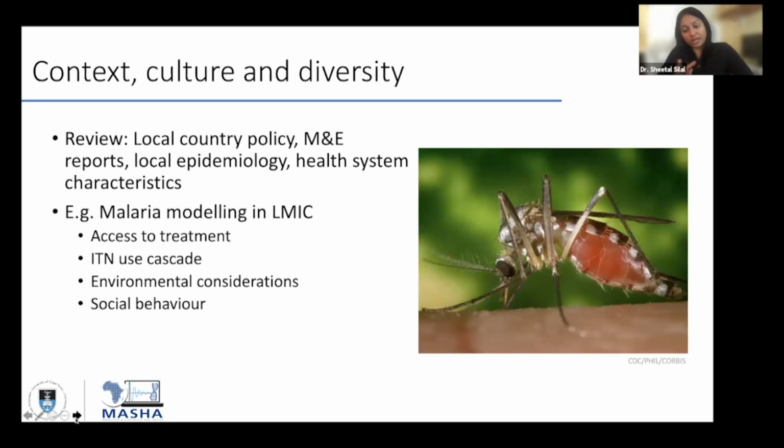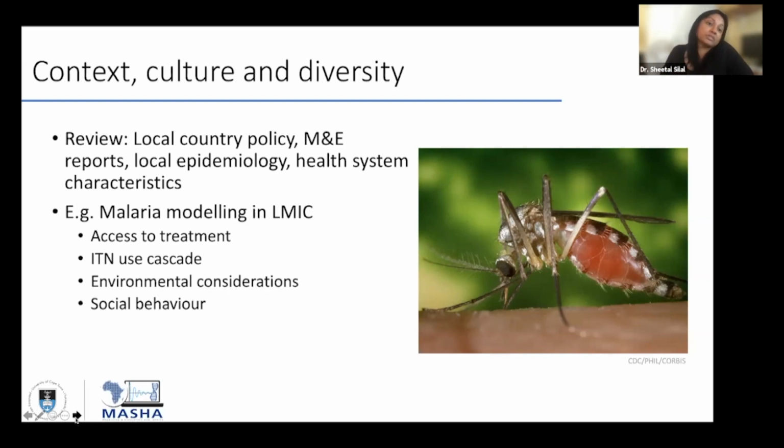And for me, in my experience, I have learned that in whatever country I am working in, it is vitally important to have an appreciation for the local context, the culture, and the diversity of the setting. So it is not enough to understand, let's use malaria as an example, the biology of malaria and the global focus towards elimination.